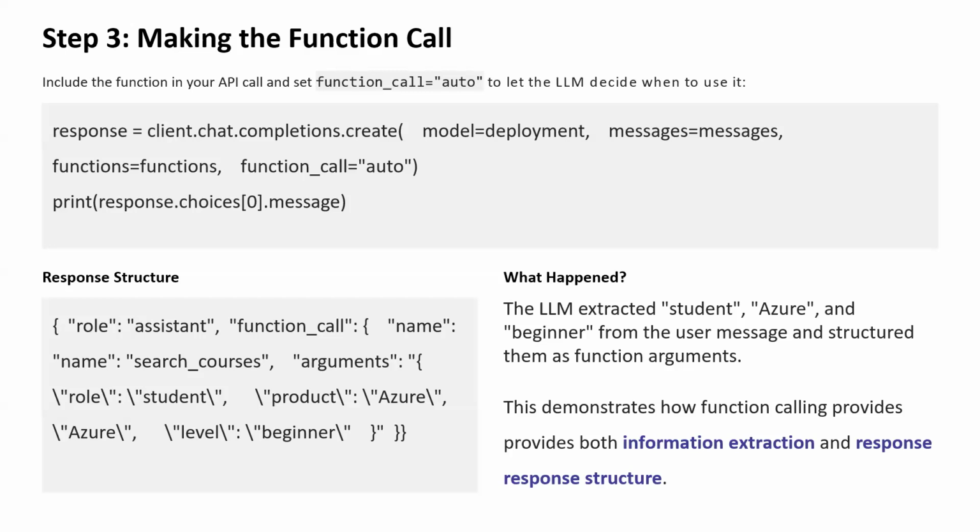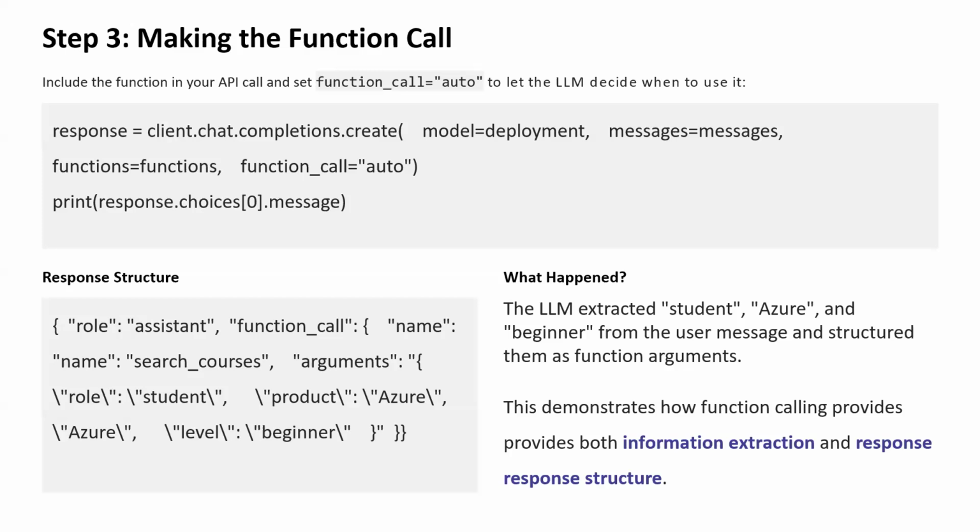So this is a basic payload format, or response structure. The role here is the assistant, and then the function call is the name of the function that we want to call, which is search course.